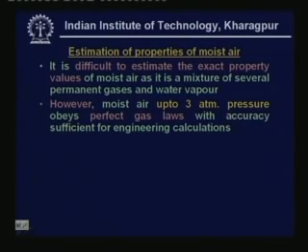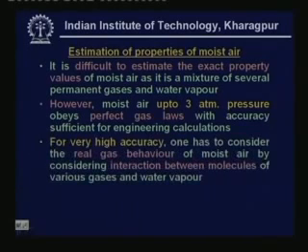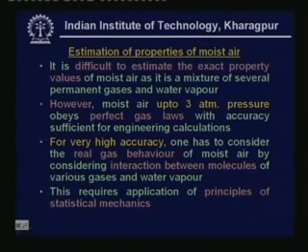That means we assume that moist air behaves like an ideal gas or a perfect gas, so that you can apply the perfect gas laws, and it is observed that this does not really give rise to a huge error. For very high accuracy, of course, one has to consider the real gas behavior of moist air by considering interaction between molecules of various gases and water vapor. This requires application of principles of statistical mechanics.